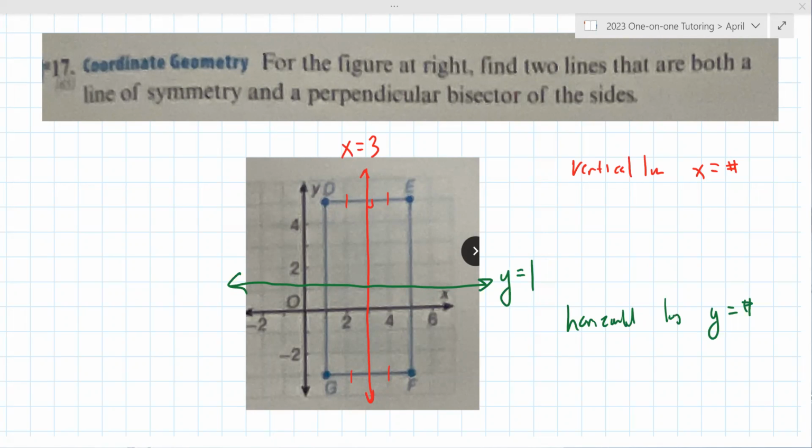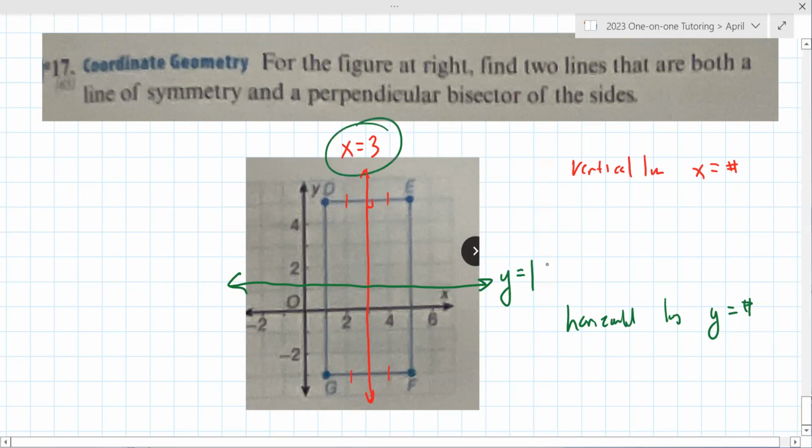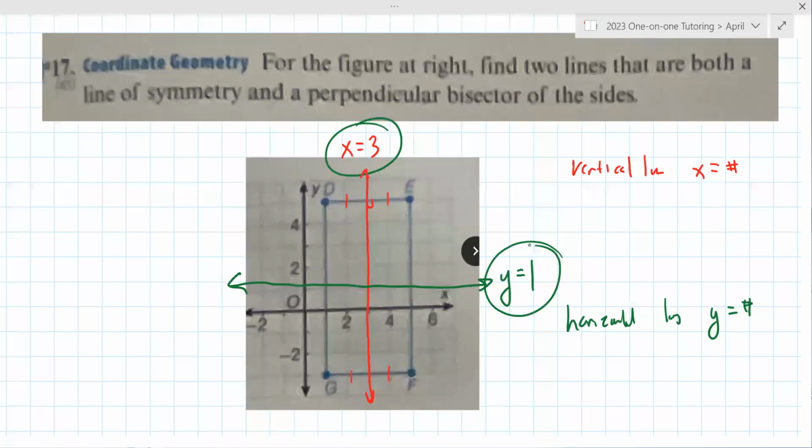They're just asking you to find the two lines, the equations of the lines. This is your answer: x equals 3 and y equals 1. That's all they're looking for. Yeah. That makes sense.